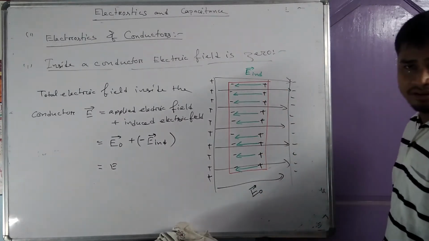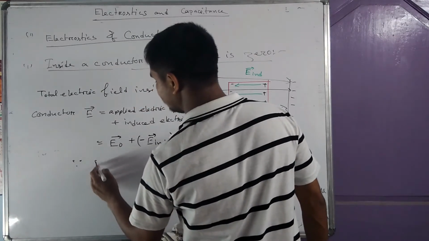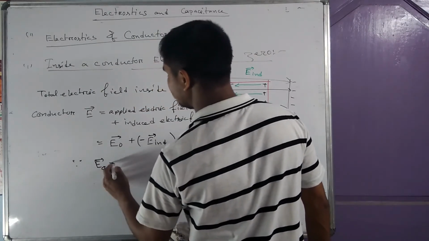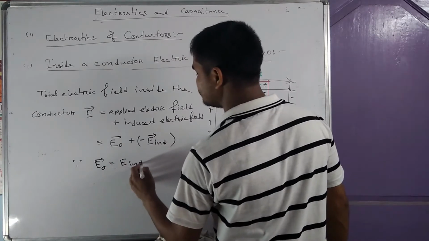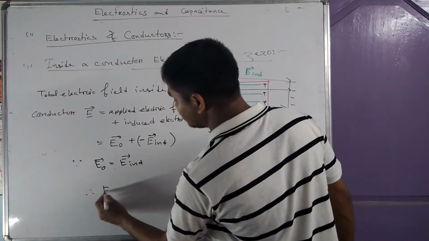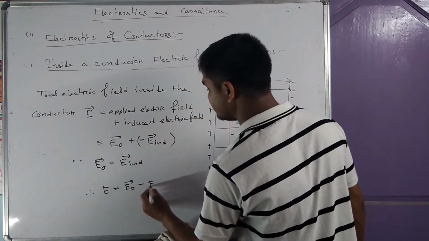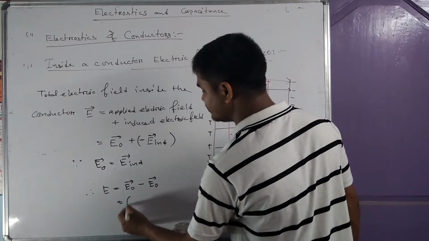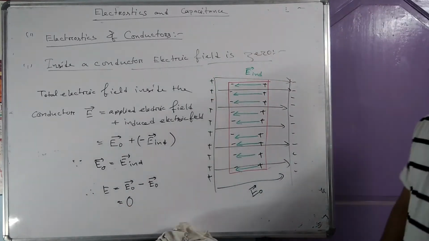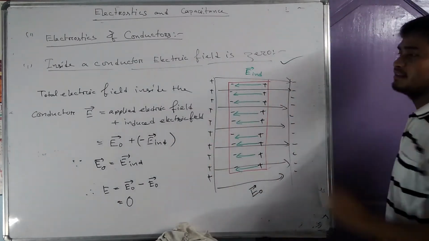E induced is equal to E naught. Therefore E is equal to E naught minus E naught, that is 0. Clear? Inside a conductor, electric field is 0.